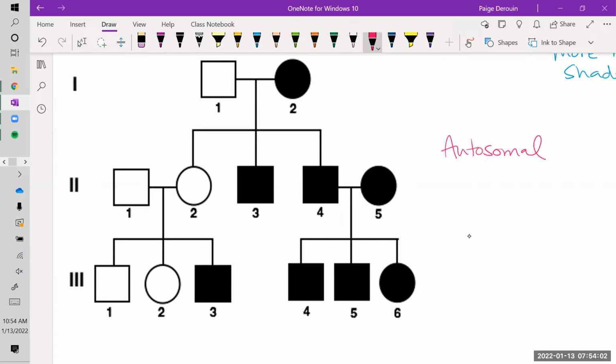And then do you think dominant or recessive? Look at this part of the family. Just guess if you're not sure. Wow, recessive, because if you fill this in, this one is two small letters, recessive.